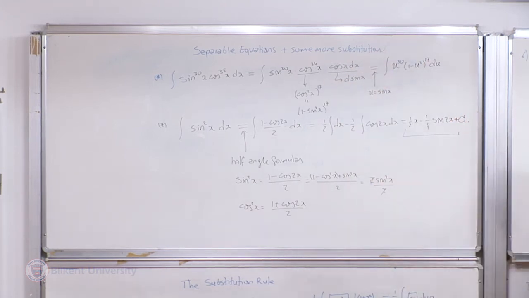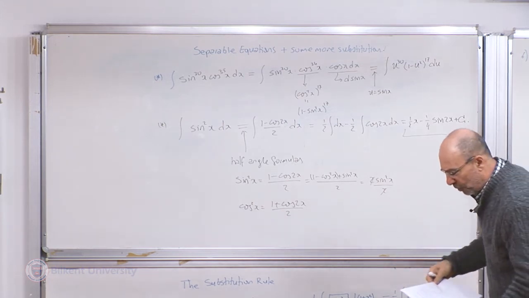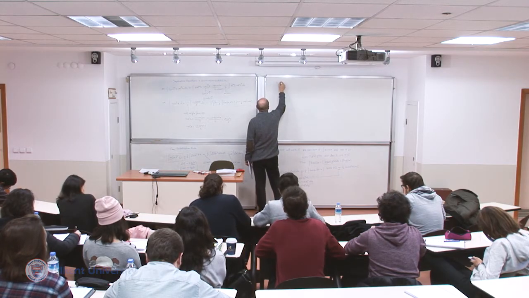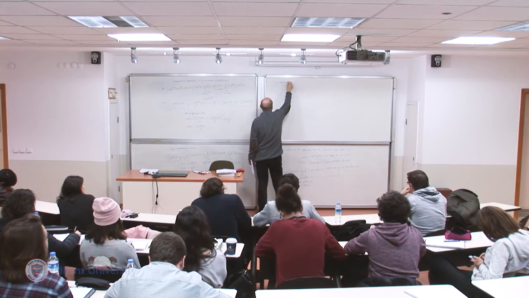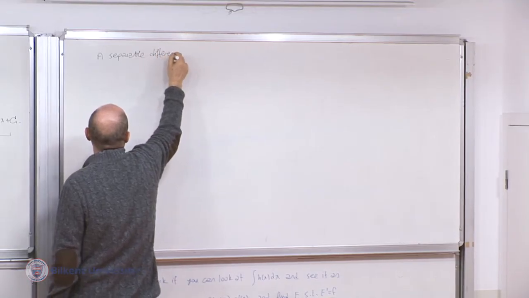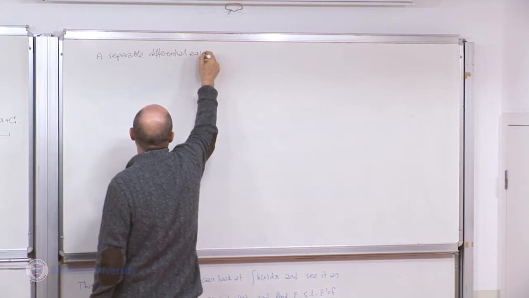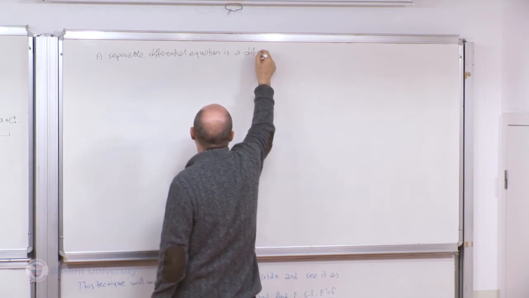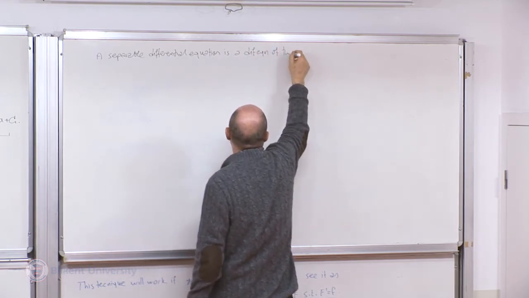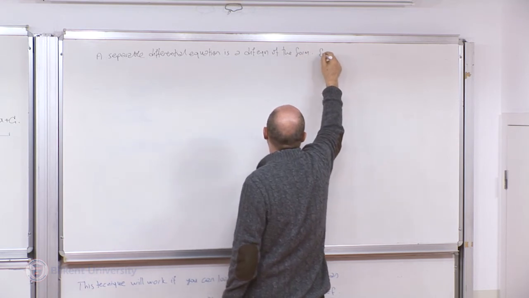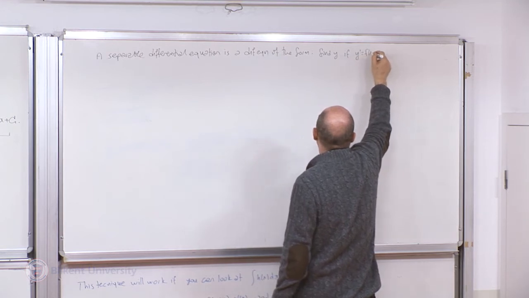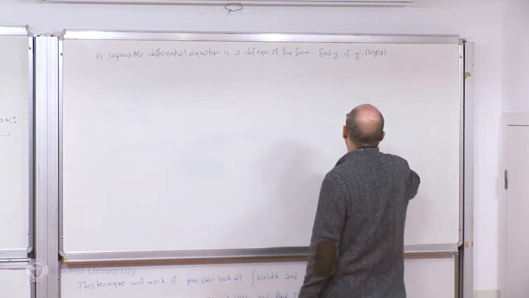Now let's go to what we mean by separable equations, and let's solve problems on separable equations. Okay, so a separable differential equation is a differential equation of the form: find y if y prime is equal to a function of x times another function of y.